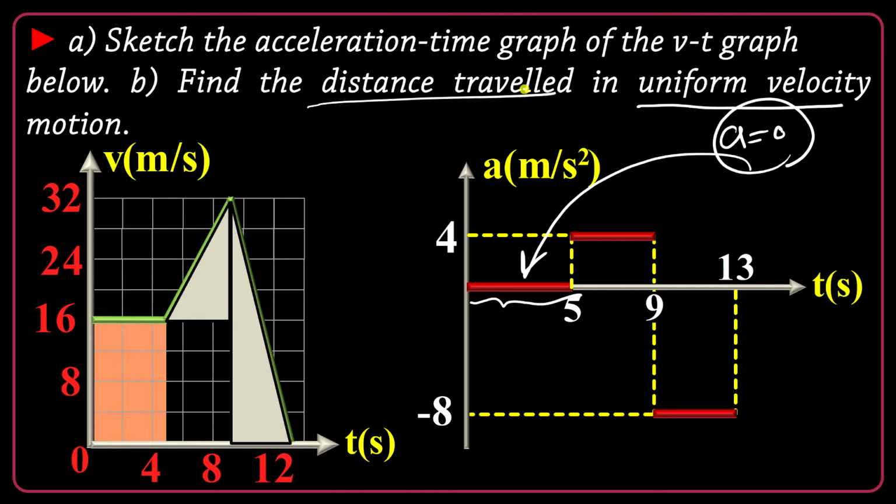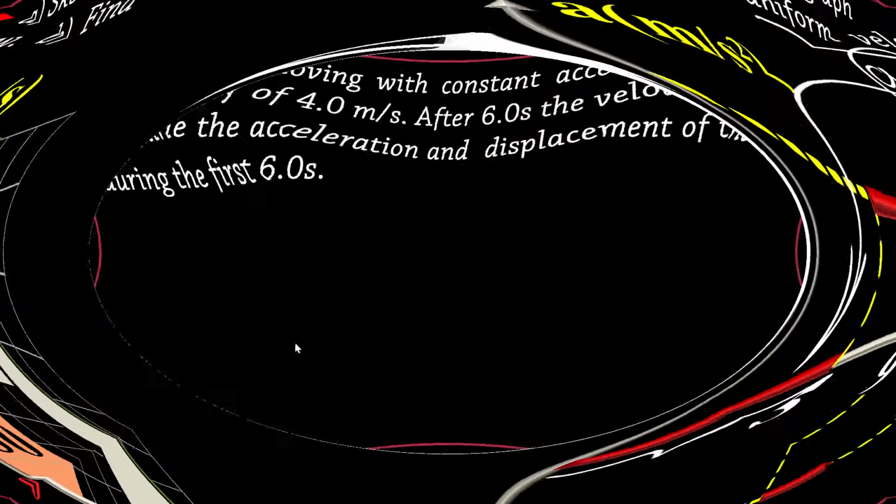So I'm going to find just the area under the VT graph between 0 and 5. It's a rectangle, and the vertical is 16 and the horizontal is 5. So 16 times 5 is 80 meters. The displacement or the distance traveled in the first 5 seconds, the uniform velocity part.